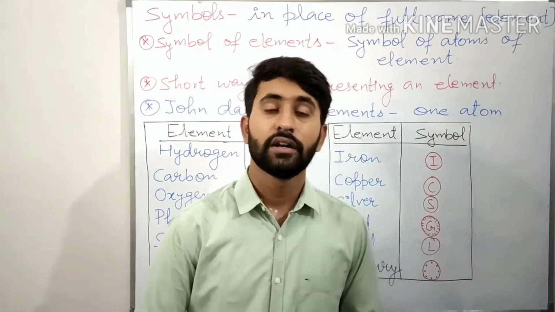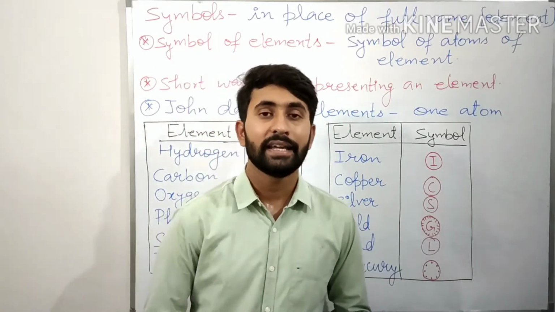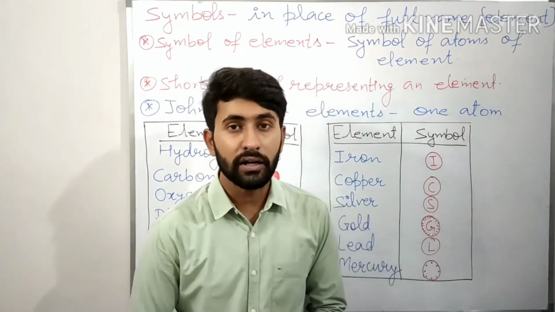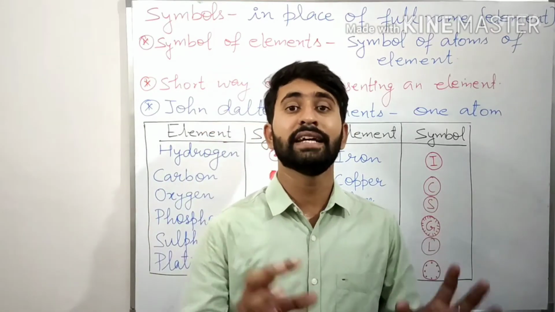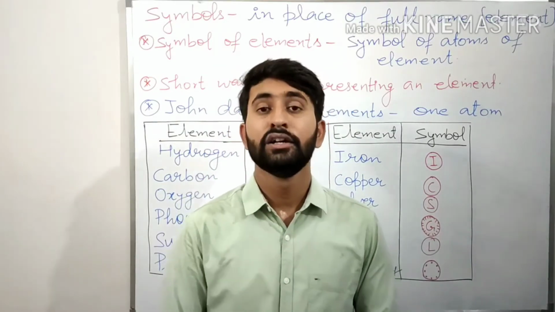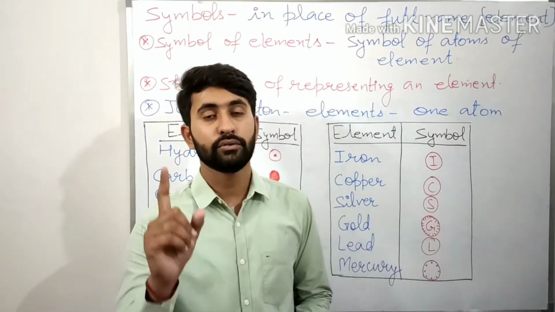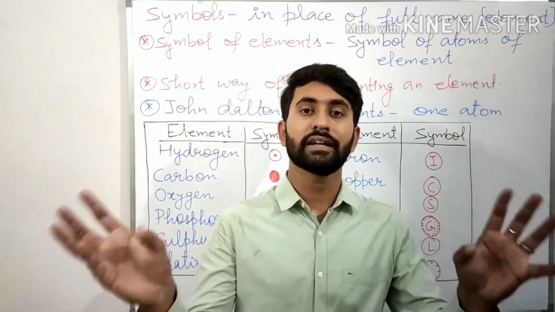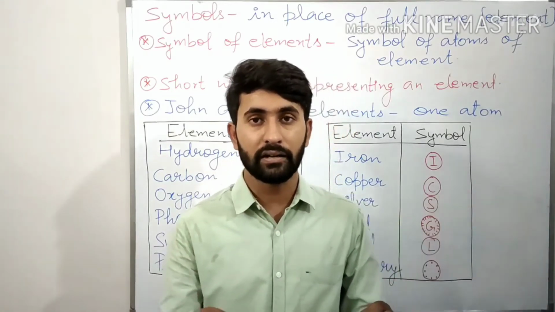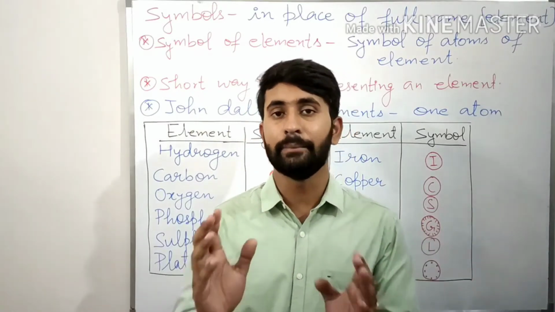J.J. Berzelius, another scientist from Sweden, said that either the first letter, or the first letter with another letter from the name of an element, should be used as its symbol. Either we use the first letter, or in some cases we have to use one more letter with the first letter from the name of the element.